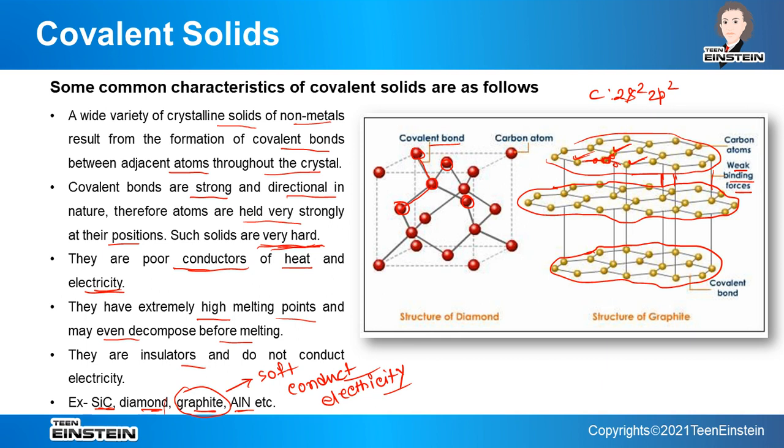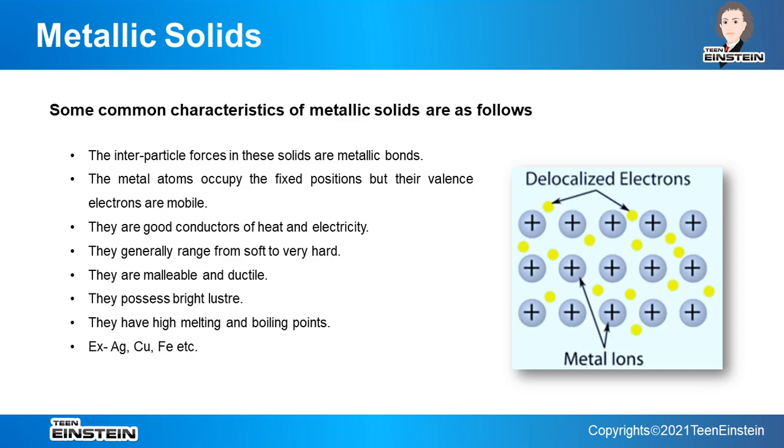Okay, and our last category, metallic solid. So in metallic solids there will be metallic bonding, and from the name you can understand that it will be mostly the metals. For example, silver, copper, iron, etc. So here the interparticle forces in this type of solid are metallic bonds.